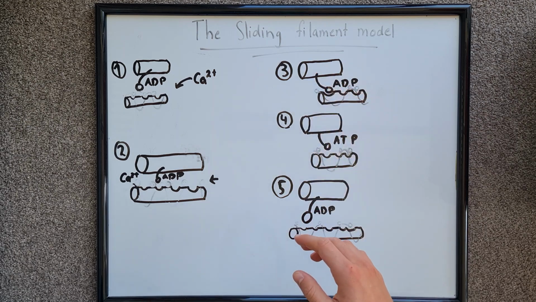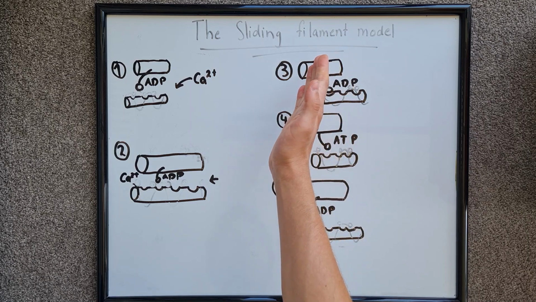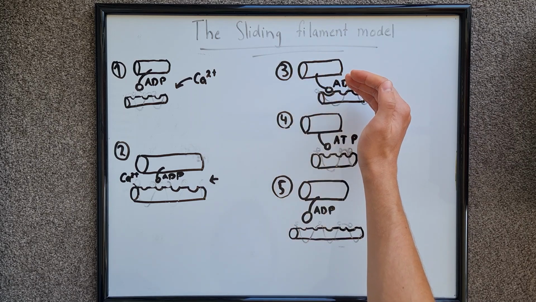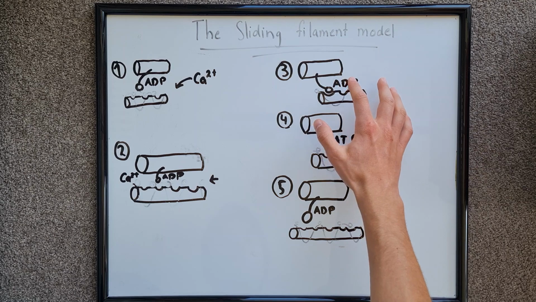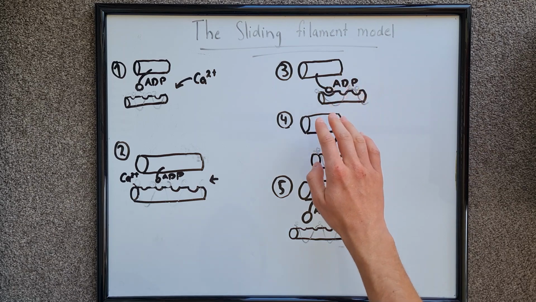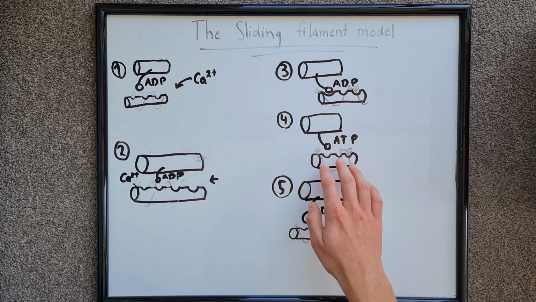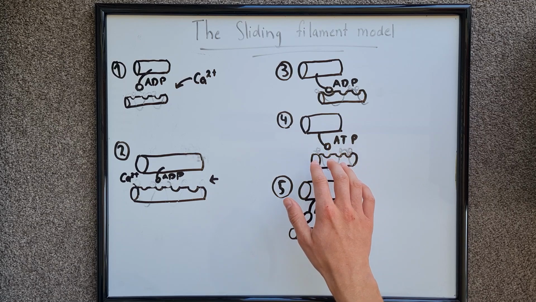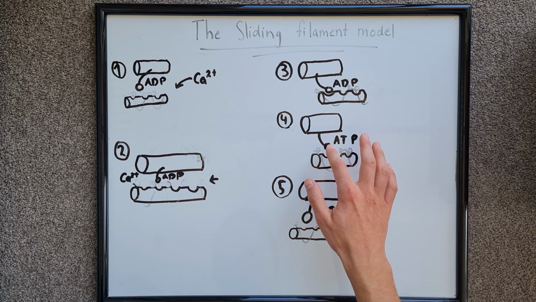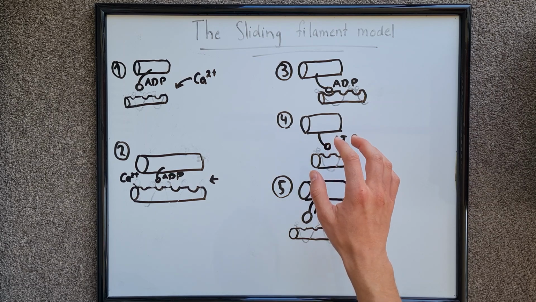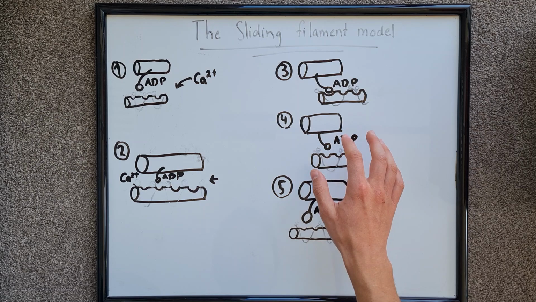So that myosin head will do the power stroke, and then ATP will attach to the bulbous head, releasing, right, detaching the bulbous head from the actin binding site, and then the ATPase within the bulbous head will break down, right?